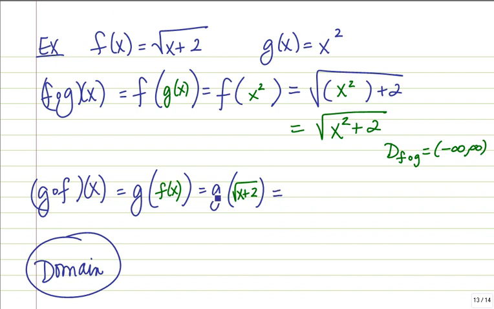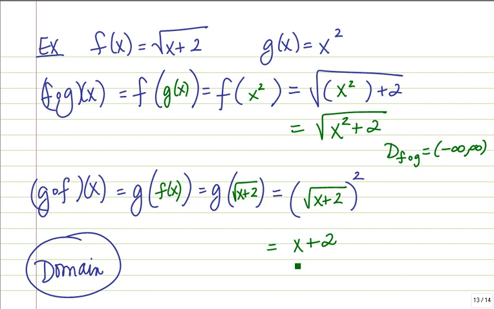What does the function g say to do? G says to do whatever you're plugging in and square it. So what are we plugging in? Yeah, the square root of x plus 2. Well, how does that simplify when we square the square root of x plus 2? Do you remember? Yeah, it just undoes it to give you x plus 2.